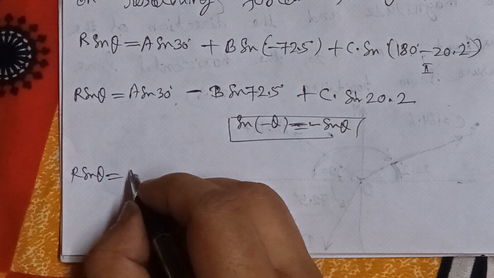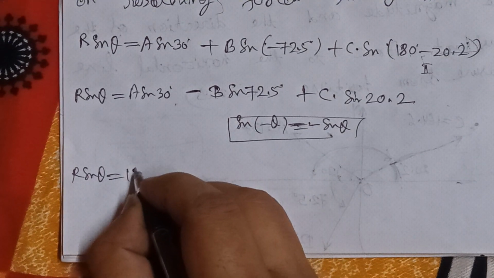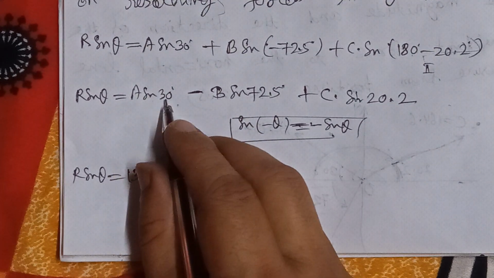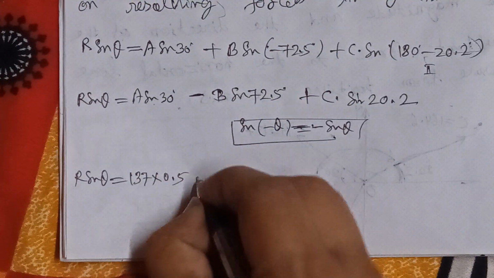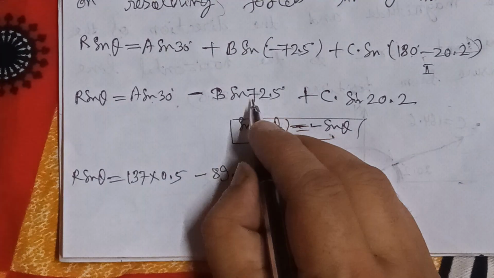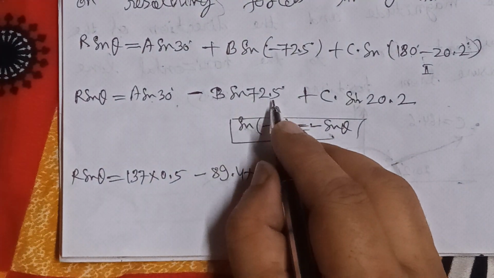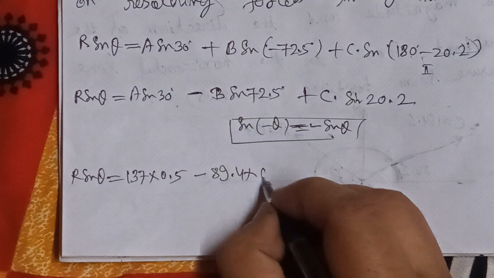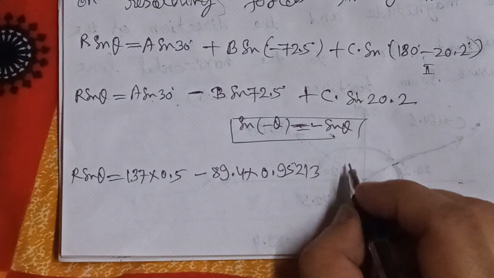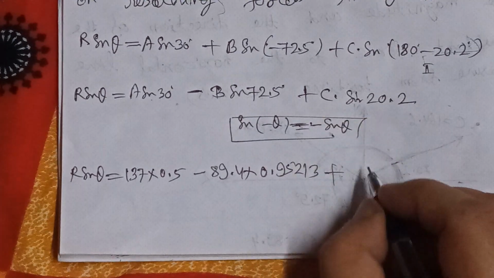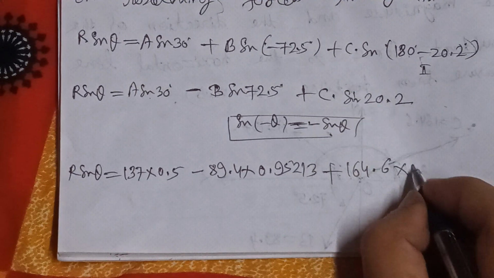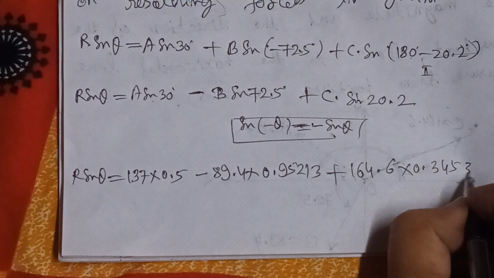R sin theta is equal to, the value of a is given. I did this calculation earlier, so I write the value of sin 30 is 0.5, minus b is given as 89.4, and the value of sin 72.5 is 0.95213, which is to 5 decimal places, plus the value of c is 164.6, and this value is 0.34530.